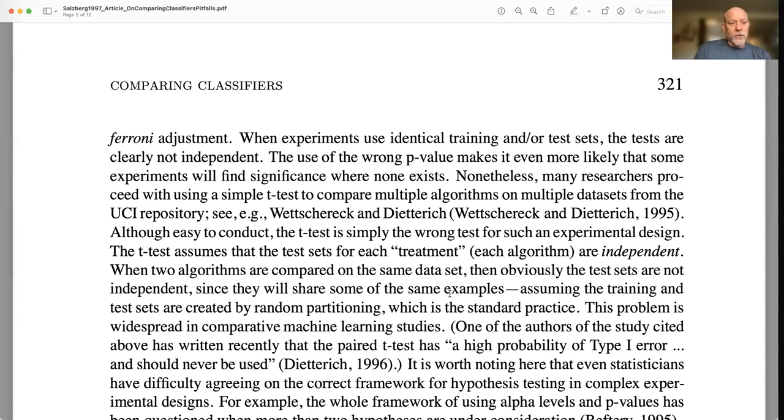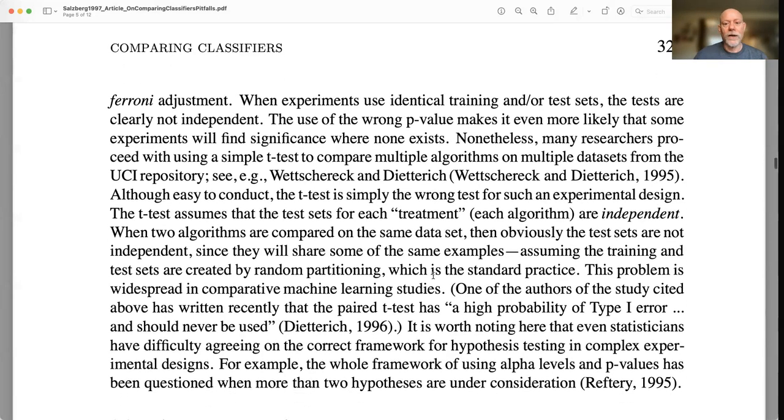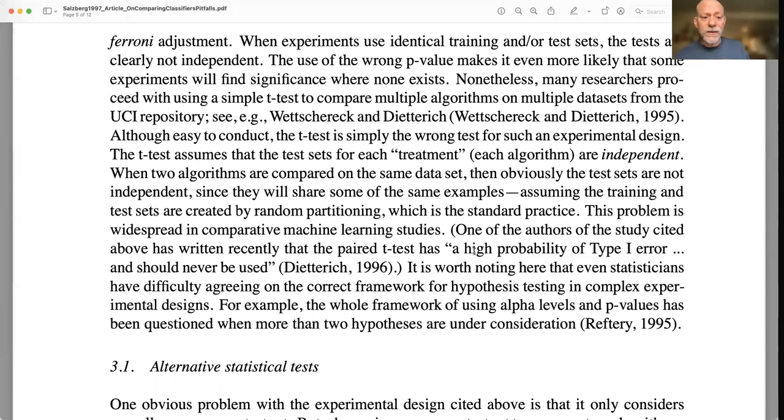Nonetheless, many researchers proceed with using a simple t-test to compare multiple algorithms on multiple data sets from the UCI repository. Think of this as any collection of shared data sets. And he gives an example of a paper here, Wetschurek and Dietrich, 1995. Although easy to conduct, the t-test is simply the wrong test for such an experimental design.